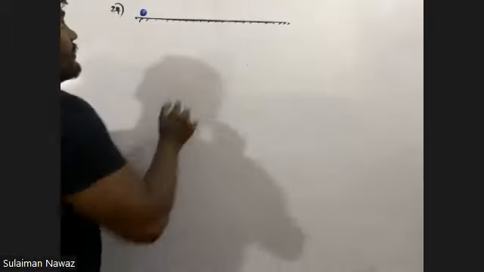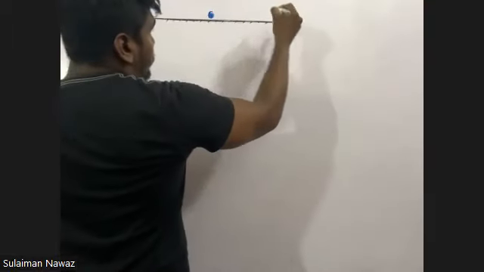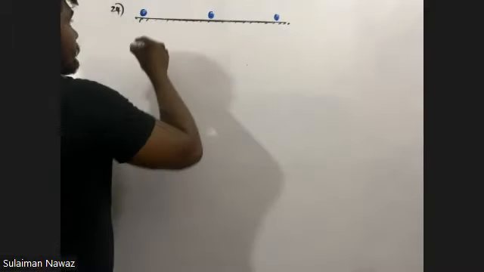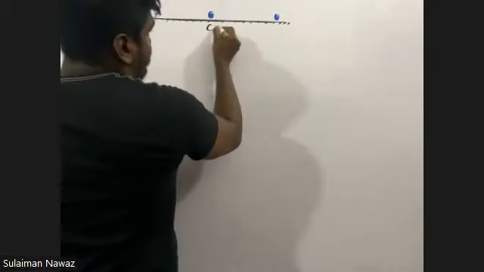Right, now look at it. This is point capital A. This is point capital C, the middle point.